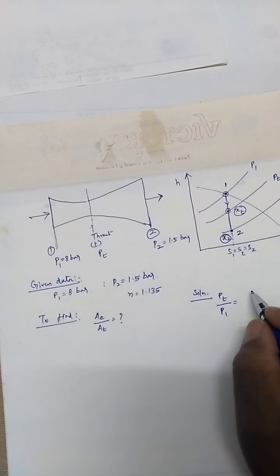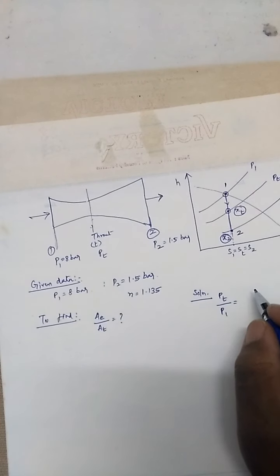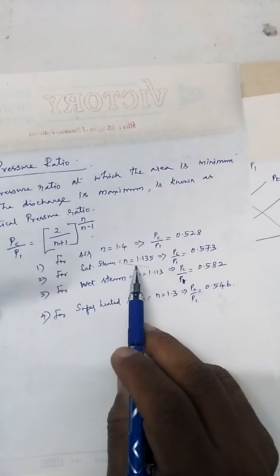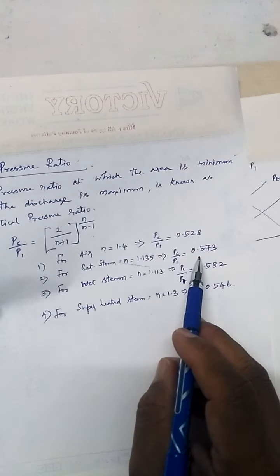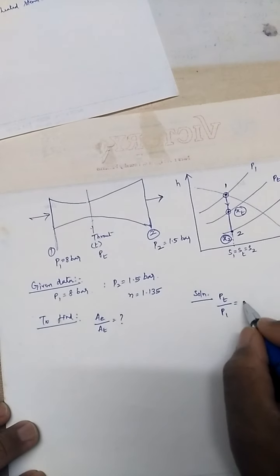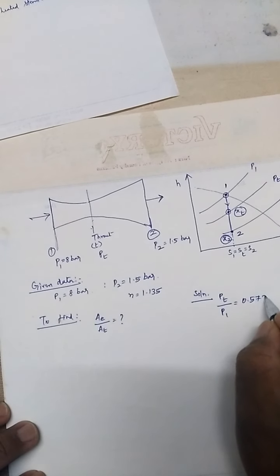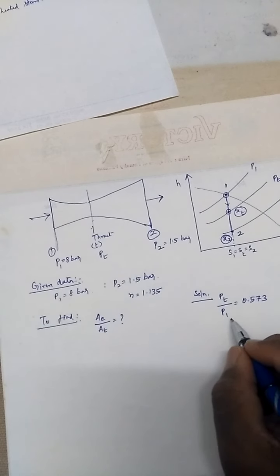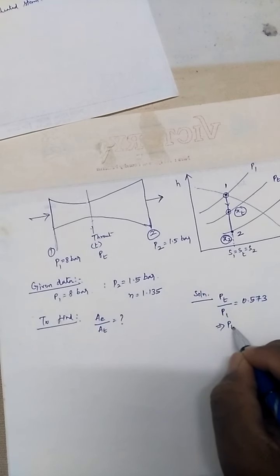What is given? The index n is given as 1.135. So here we know that for 1.135, the critical pressure ratio is 0.573 or 0.577. So this ratio should be 0.573. Okay, so from this we can calculate what the PT pressure is.